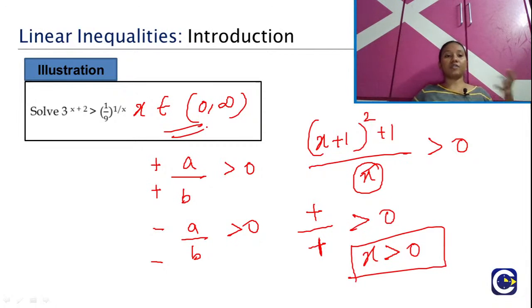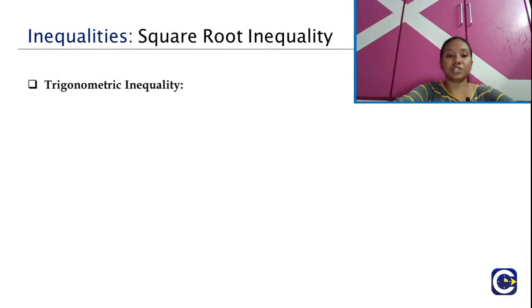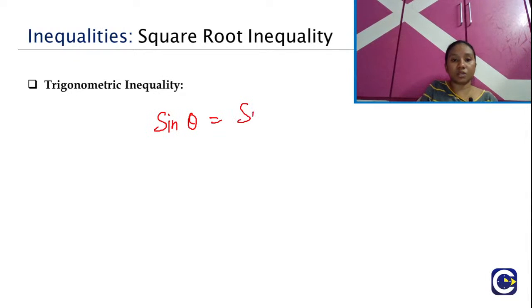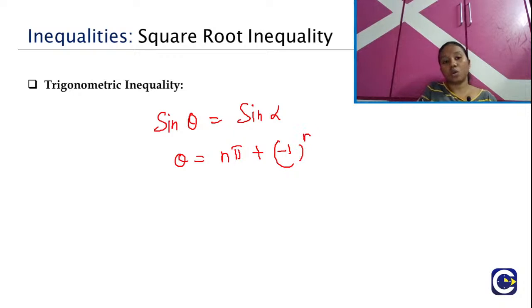Right. So far we have done square root inequality, logarithmic inequality, and exponential inequality. Now let's get into our next one, trigonometric inequality. For trigonometric inequalities, we should be aware of the general solutions. If you remember, sin theta equal to sin alpha gives theta equal to n pi plus (-1)^n alpha, as we have seen in our trigonometry chapter.